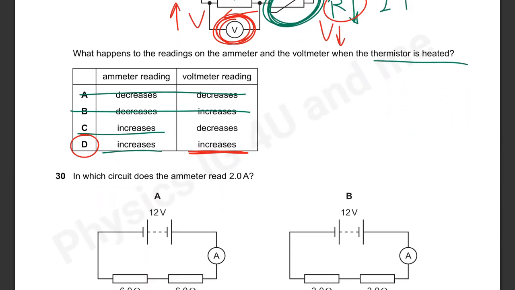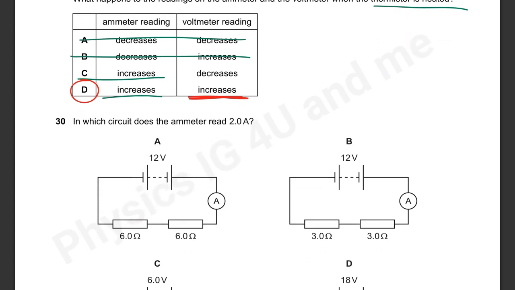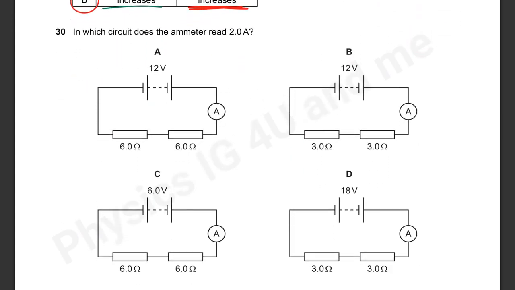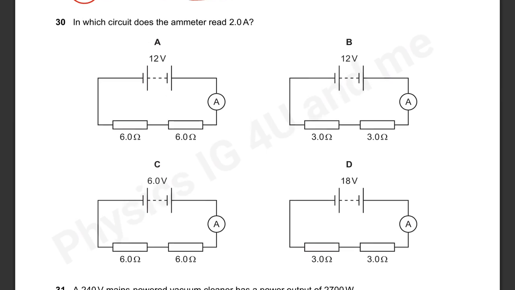Now, question 30. In which circuit does the ammeter read 2 ampere? Let's calculate. We know already that current equals total voltage over total resistance.